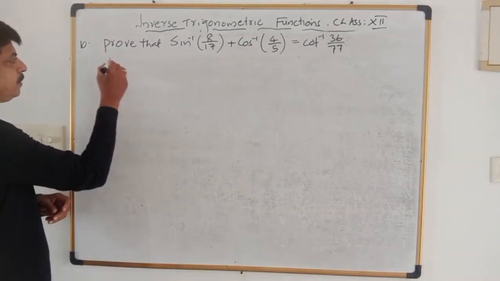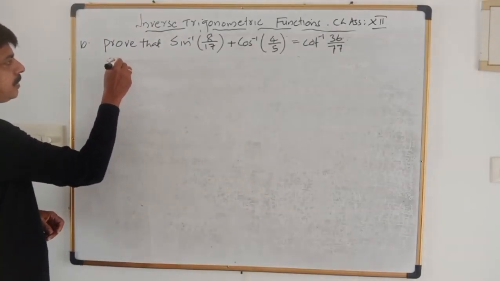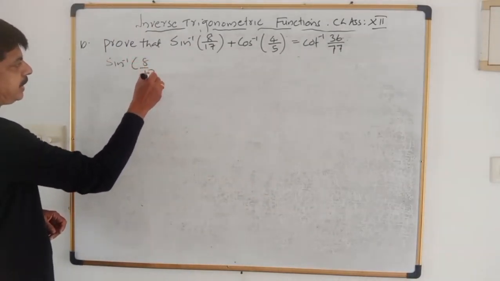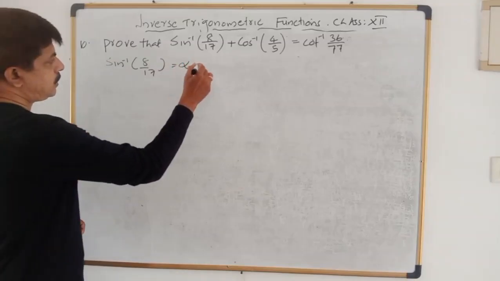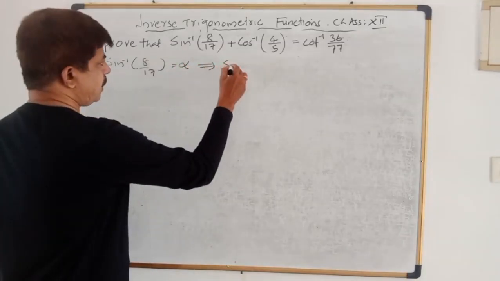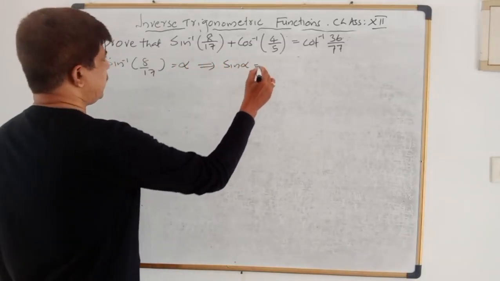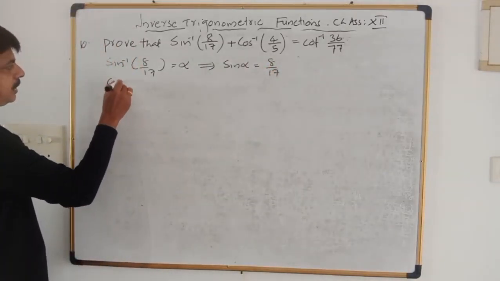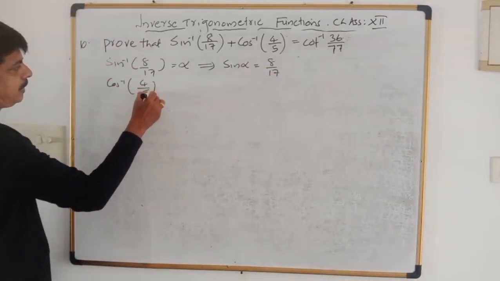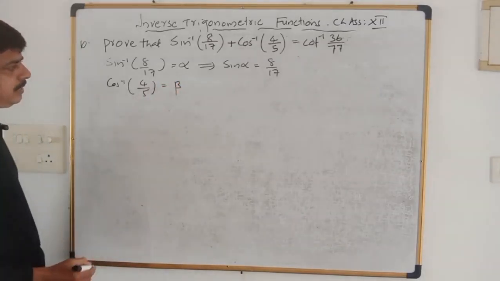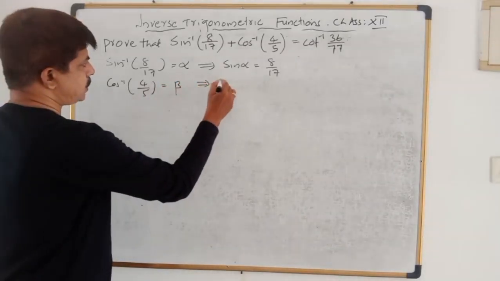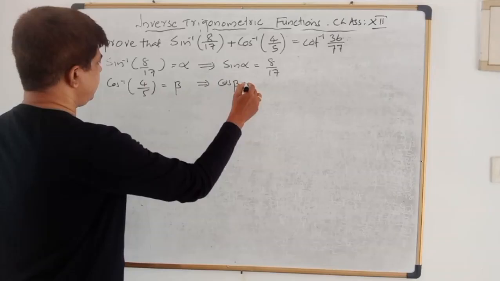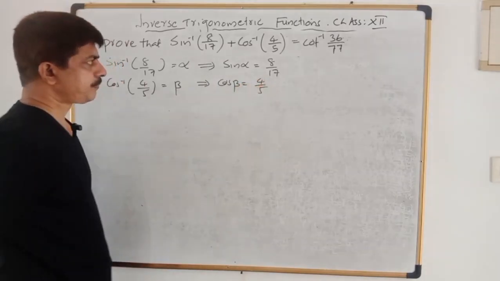Let us assume sine inverse 8 by 17 to be alpha. Therefore, sine alpha is equal to 8 by 17. Like that, cos inverse 4 by 5 we assume to be beta. So cos beta can be written as 4 by 5.